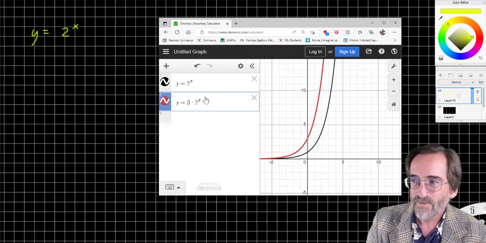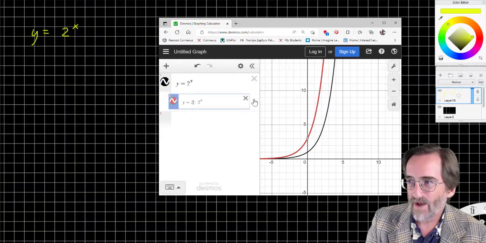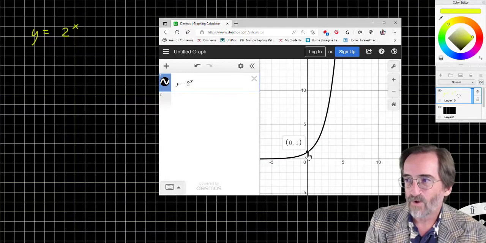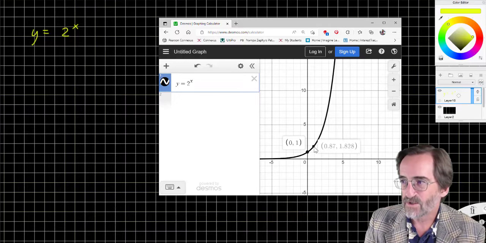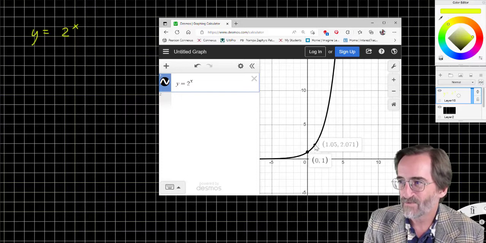Okay, and look at what happens here. We start multiplying by 2. 1 times 2 is 2. 2 times 2 is 4. 4 times 2 is 8.